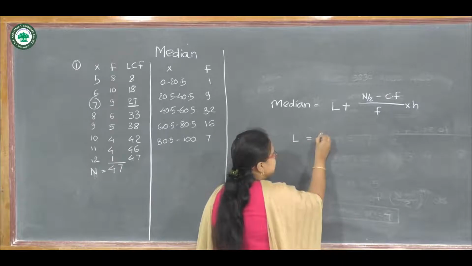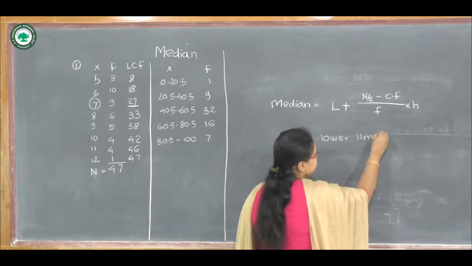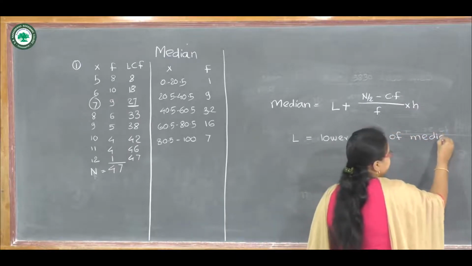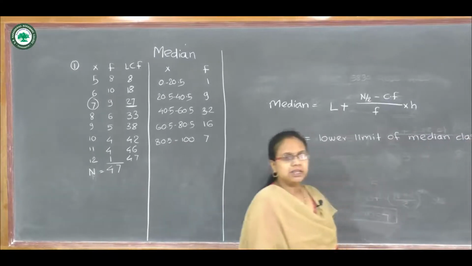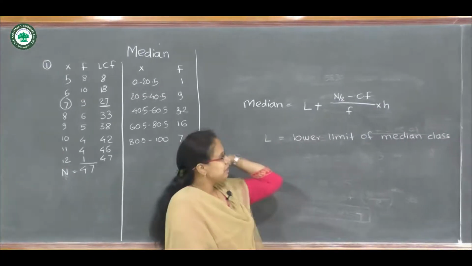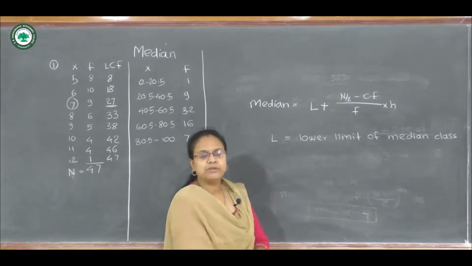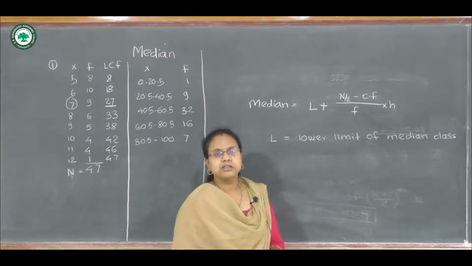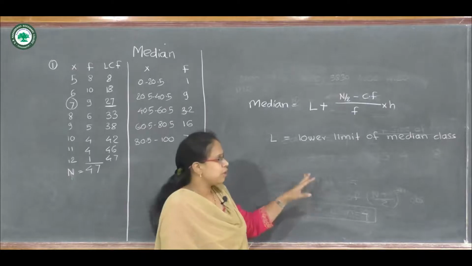Here L is the lower limit of the median class. Median class means that class for which the less than cumulative frequency is equal to or just exceeds n by 2, means capital N upon 2th observation.